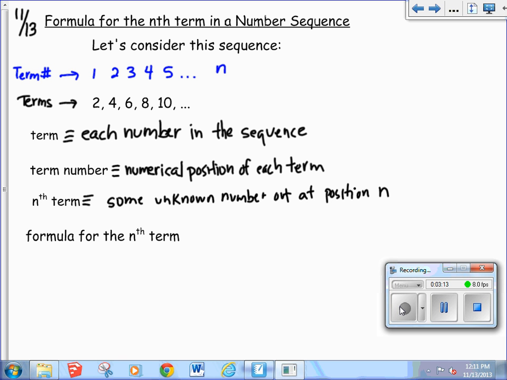So some number out there. It might be the 81st position or the 67th position or the 1000th position. The nth term is whatever goes with the one in the n position.